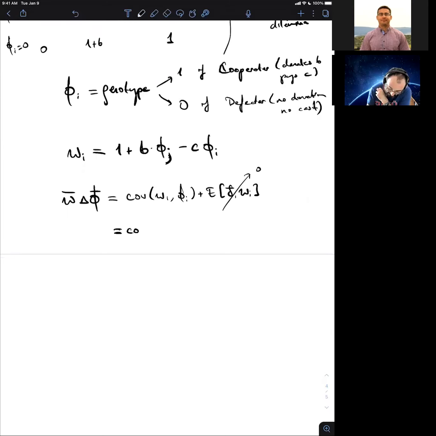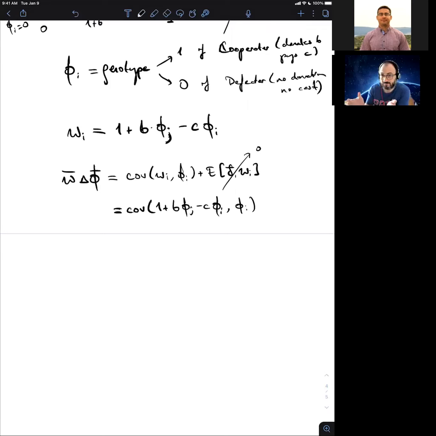The covariance, where Wi is now given by this, I can just substitute for Wi into my covariance. So it's 1 plus b times phi j plus or minus c times phi I, and phi I. Again, the covariance is simply an expectation, or simply an average, so I can distribute it over a sum.